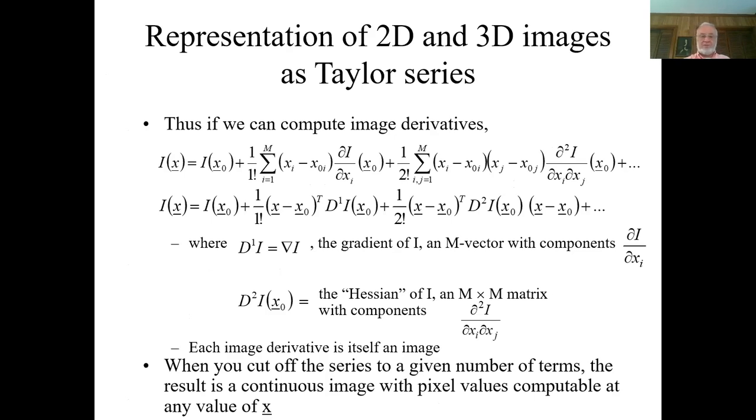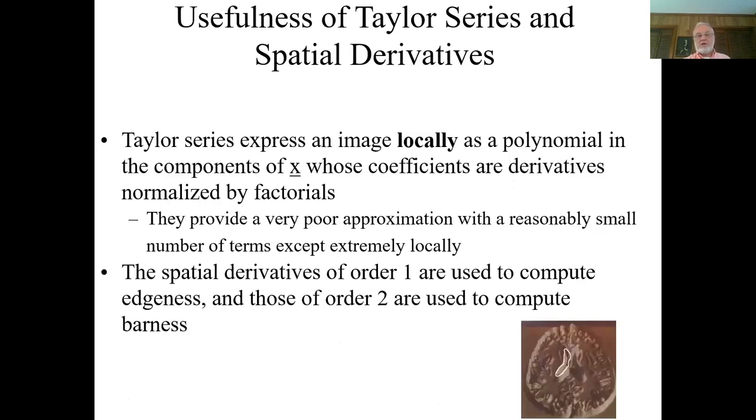In the example, we cut it off at some number of terms. And what I have said is that the Taylor series is a good approximation locally and a poor approximation, unless you have an unbelievable number of terms, if it's far from that image.